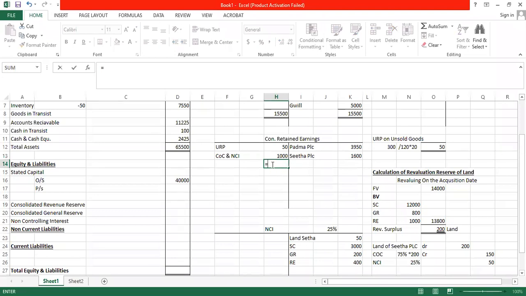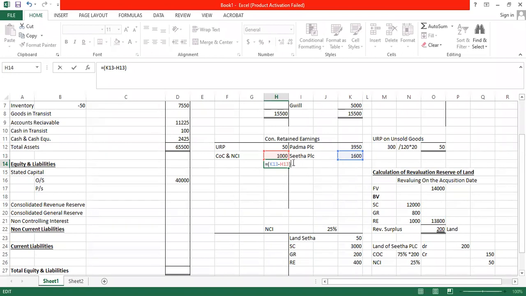It means that from this 1,600, you already removed this 1,000. It means our post-acquired part is 600. This 600 is the retained earnings we have acquired throughout the year after acquisition.